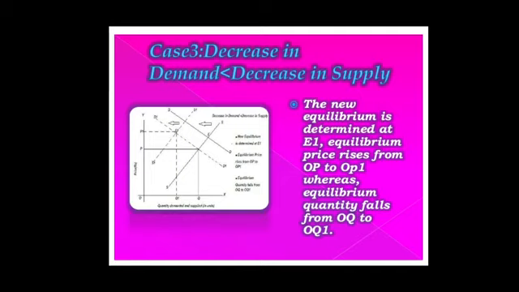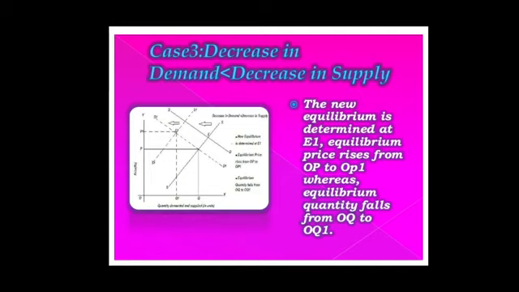Or in other words, decrease in demand is less than the decrease in supply. So it is a situation of excess demand, as decrease in supply is more than decrease in demand. Due to excess demand, the equilibrium price will tend to rise.